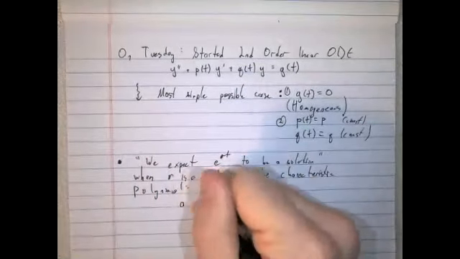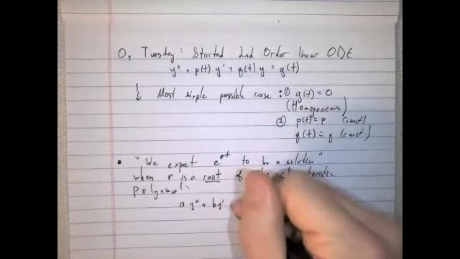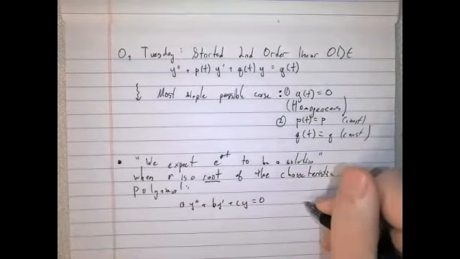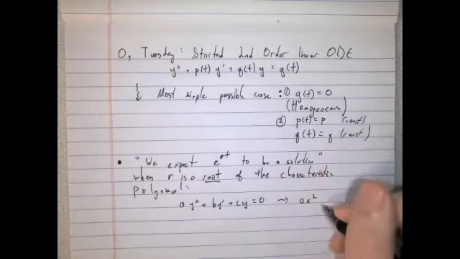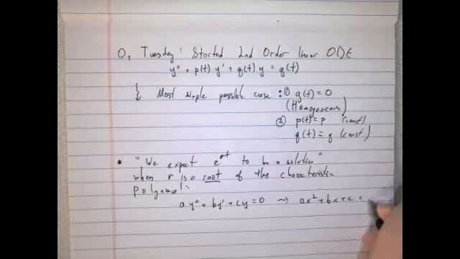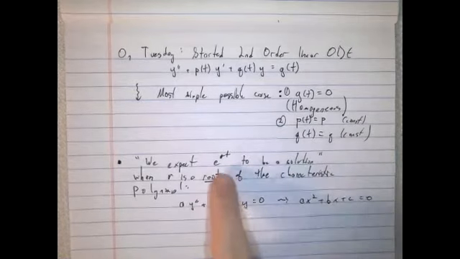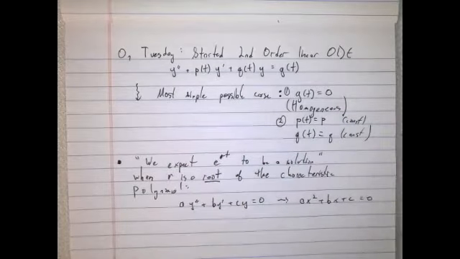And if we have AY double prime plus BY prime plus CY being equal to 0, then the characteristic polynomial is just AX squared plus BX plus C being equal to 0. So as long as R is a root of this polynomial, then we found that e to the RT is a solution to this homogeneous second order linear differential equation.